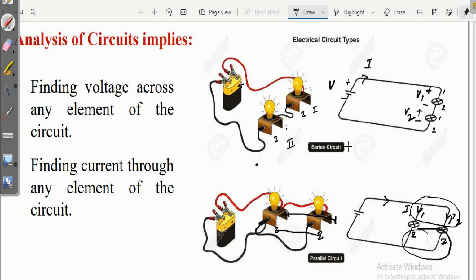So in series, current remains the same, I is constant, and V is divided, that is, the source voltage is divided among the elements.